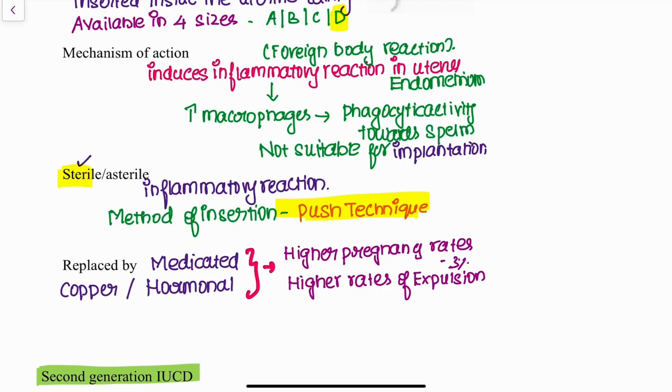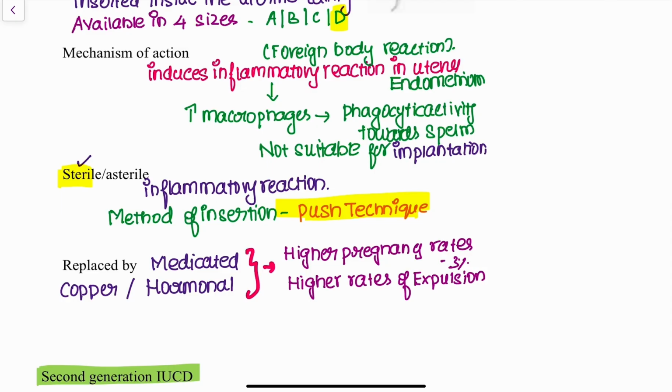Fine. Now, what was the reason that these intrauterine contraceptive devices were later replaced by the second and the third generation intrauterine contraceptive devices? It is because all these non-medicated intrauterine contraceptive devices which belonged to the first generation, including the Lippes loop, lead to a higher pregnancy rate of about 3%.